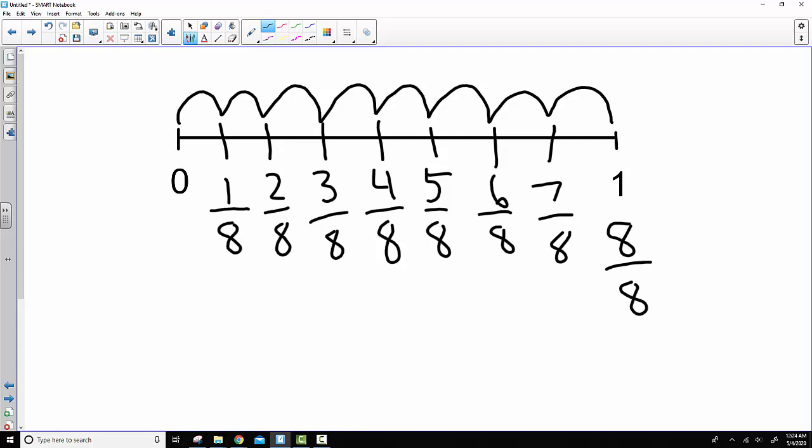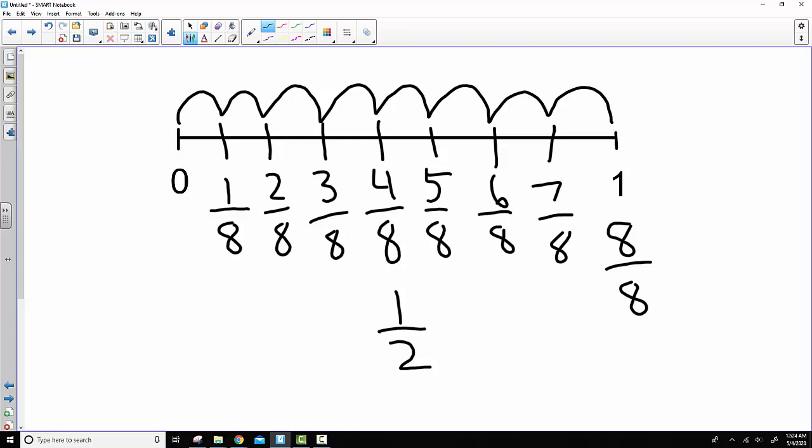Again, this number line is very interesting. You can see right in the middle, as we discussed previously, the numerator is half of the amount as the denominator. So another name for 4/8 could be 1/2 as well. And we'll get more into the topic of equivalent fractions. But for today, that's enough of a preview about that concept.